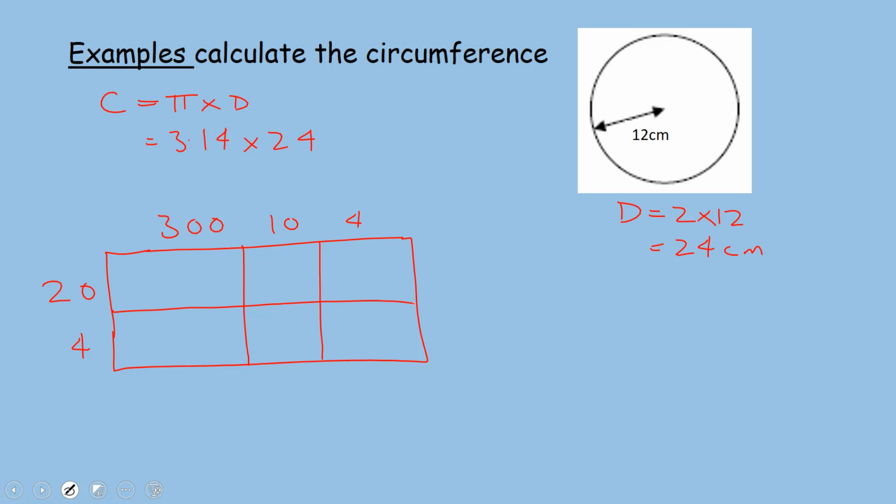So a little bit of extra work on this one. So firstly, we're going to say 2 times 3 is 6. And we've got now 3 zeros to add. 2 times 1 is 2. We've got 2 zeros to add. Then 2 times 4 is 8 with 1 zero to add. And then we're going to do this bottom line now. 4 times 3 is 12 with 2 zeros to add. 4 times 1 is 4 with 1 zero to add. And 4 times 4 is 16, no zeros.